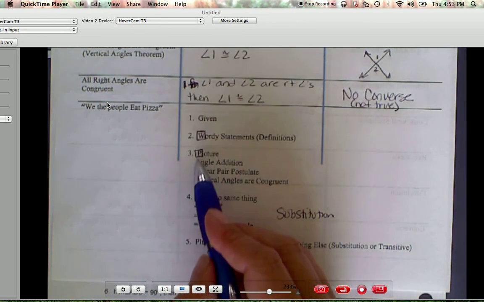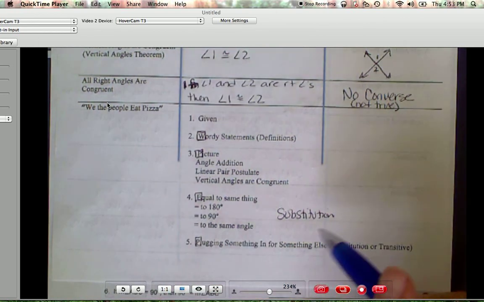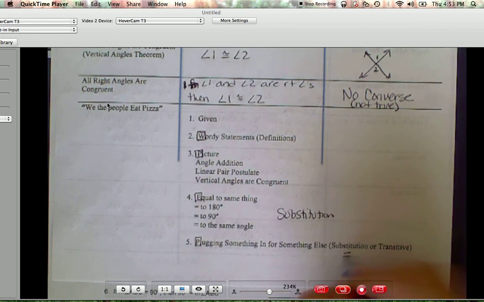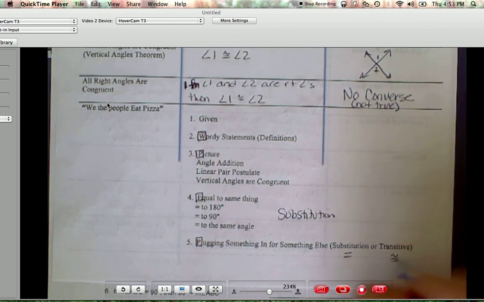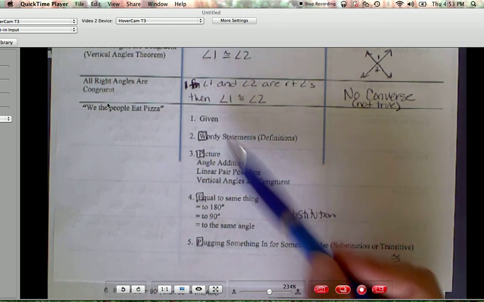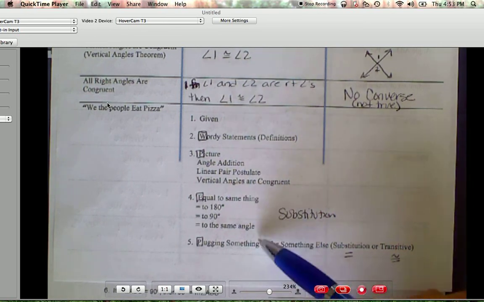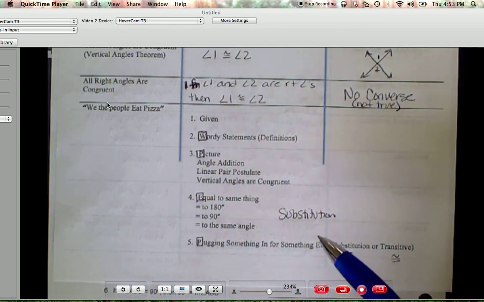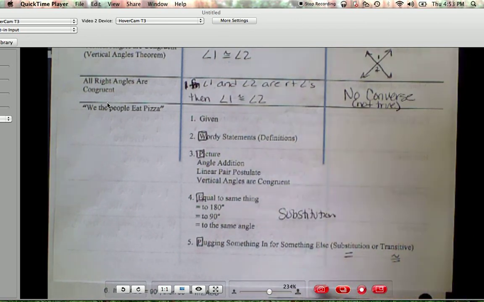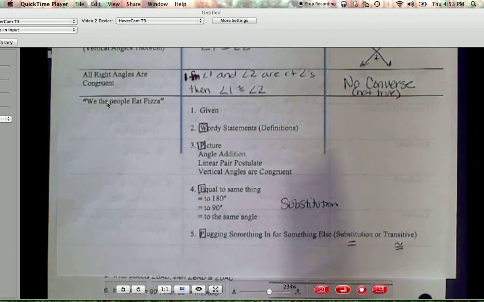So we, the people, eat, and then if you can plug anything in for something else, that's going to be either substitution if it's equals, or transitive if it's congruence. So that's We the People Eat Pizza. It just helps you move through the proof with some guidance, and it keeps you moving, hopefully gets you through the proof.